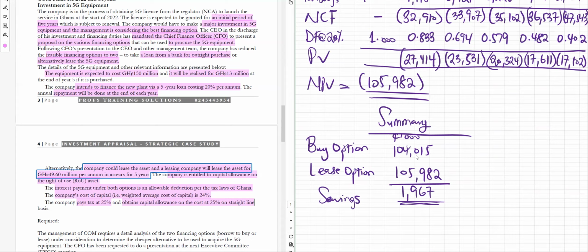So which option is better? The one with the lowest cost. They are costs. Remember, they were all negative. The lowest cost is the buy option. So what's my decision?